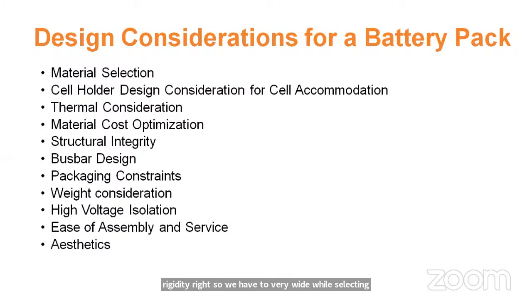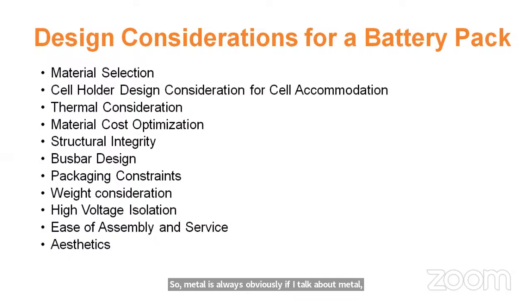Apart from that, each and every component of the battery pack should be fire resistant, right? Ideally, each and every component of the battery pack should be fire retardant, fire resistant. Metals are obviously fire retardant, fire resistant.